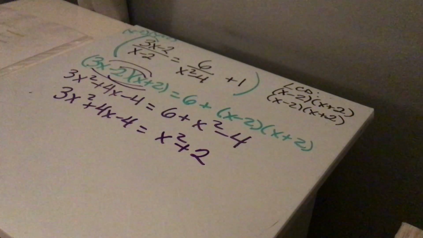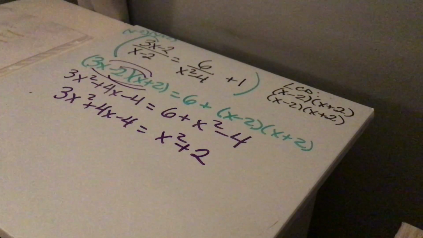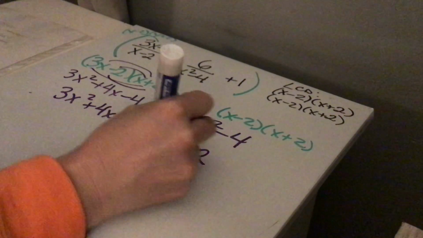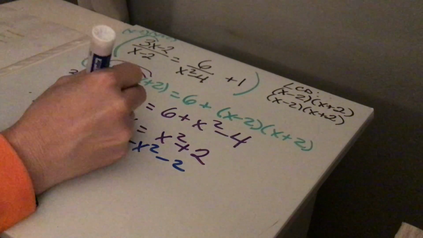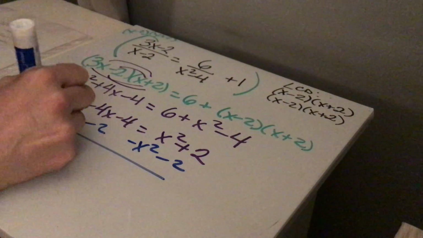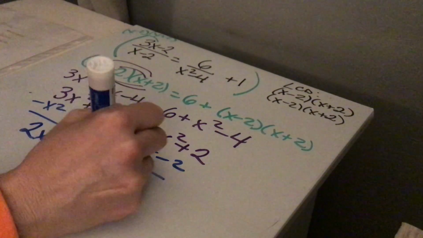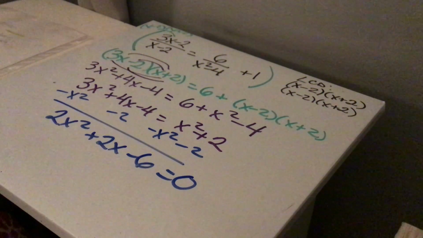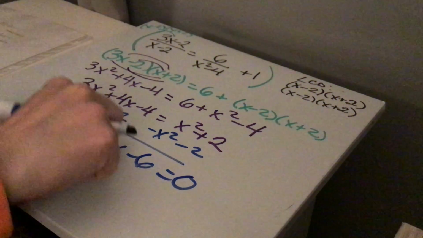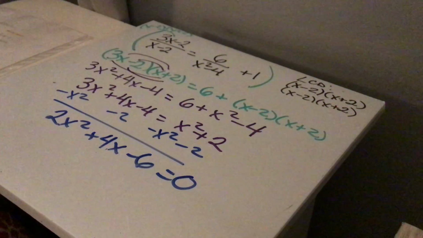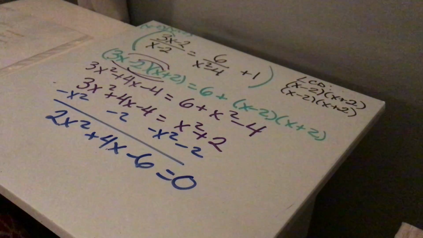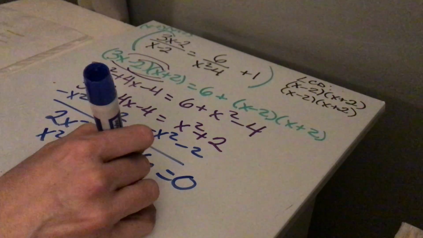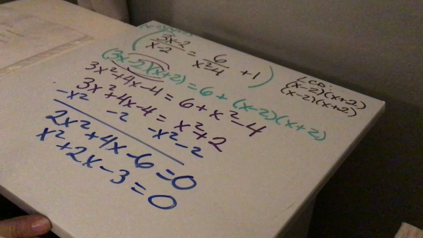Plus 2. And then to solve this, you have x squared terms, so you need to put everything on one side. So we're going to subtract x squared and subtract 2. And you get 2x squared plus 4x minus 6 equals 0. You need to factor this. Actually, that should be 4x, sorry. First thing is you could divide everything by 2. So I get x squared plus 2x minus 3 equals 0.